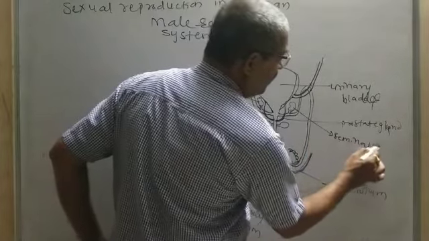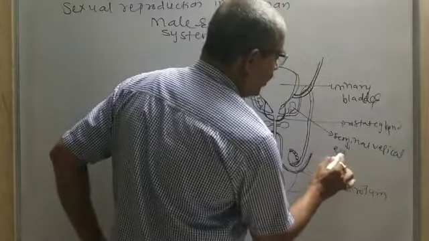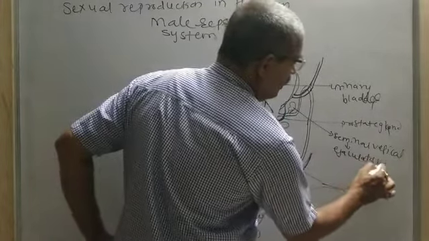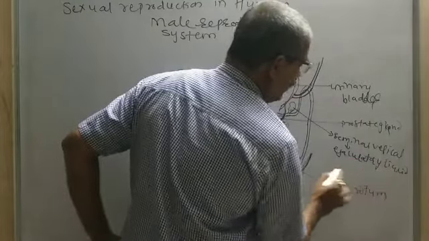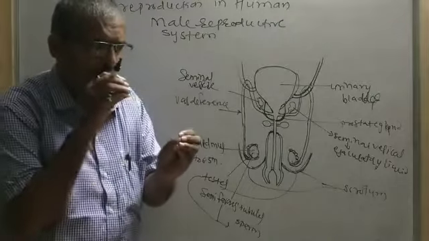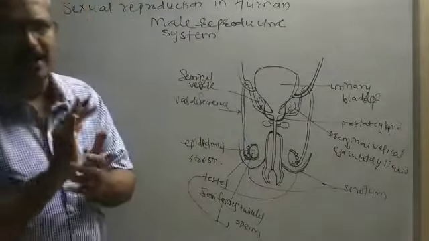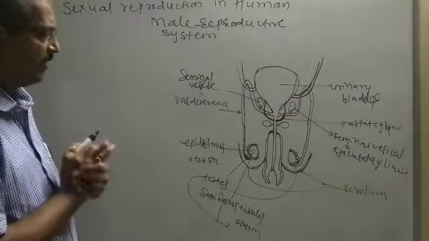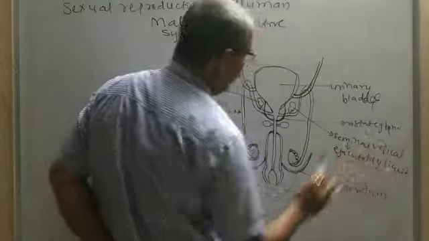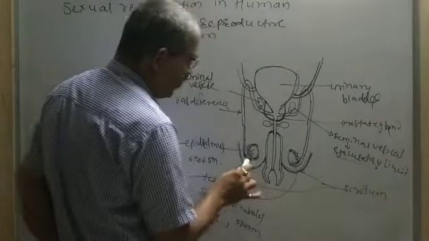The seminal vesicle produces ejaculatory liquid. Ejaculatory liquid is necessary to push the sperm cell in the urinogenital duct or tract.